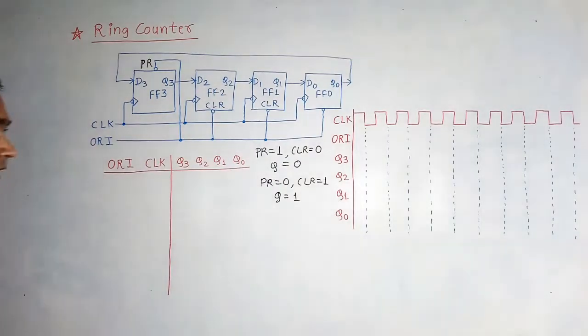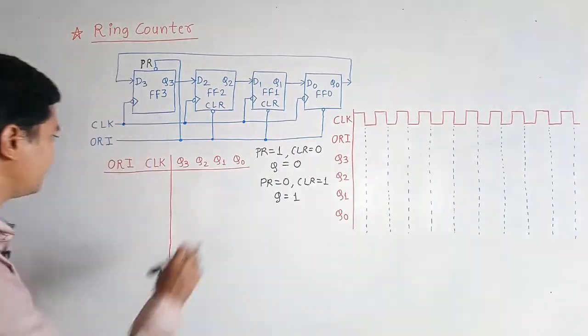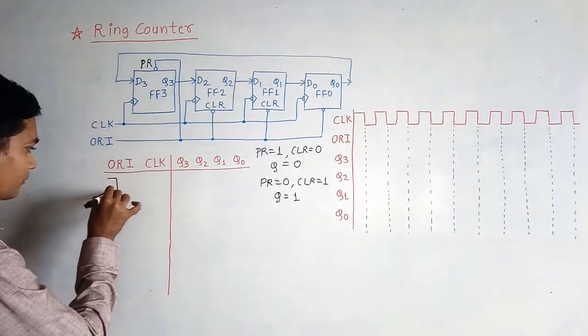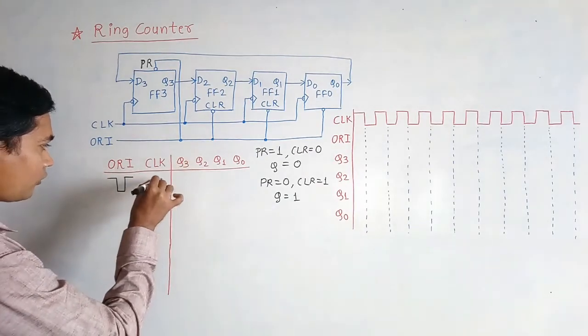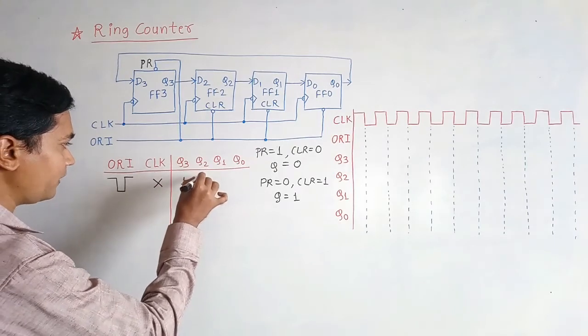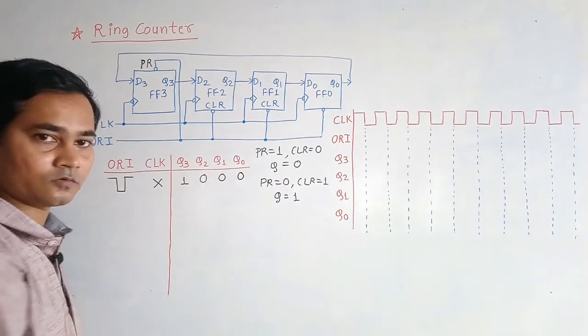Initially we have to set the FF3 output, so the ORI should be 0 and then again 1, so that irrespective of the clock signal Q3 will become 1, Q2 will become 0, Q1 will become 0 and Q0 will also become 0.